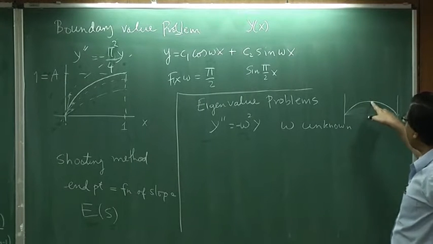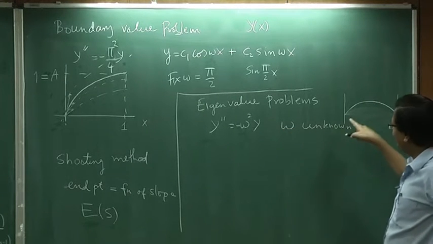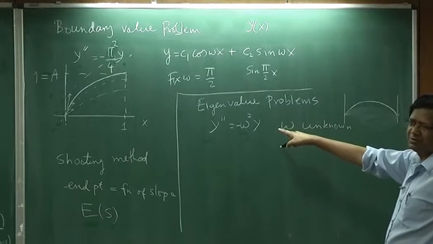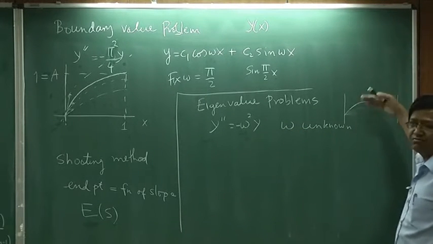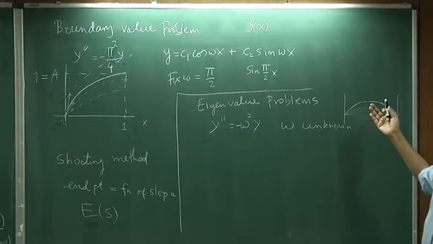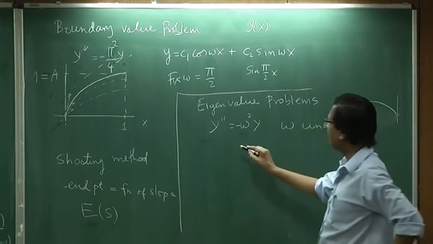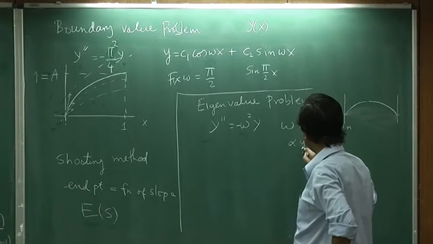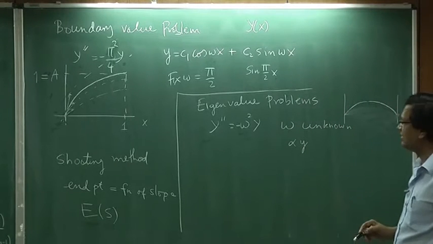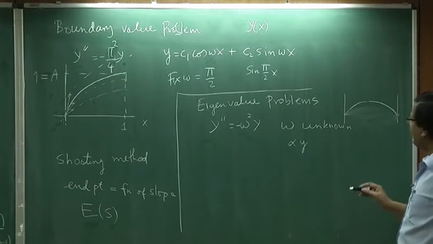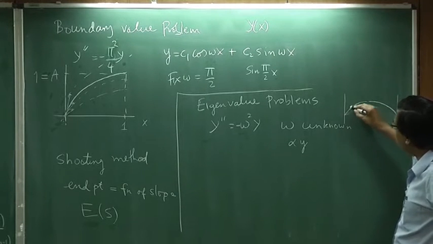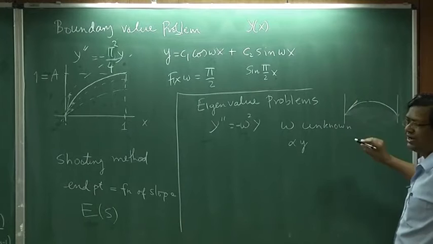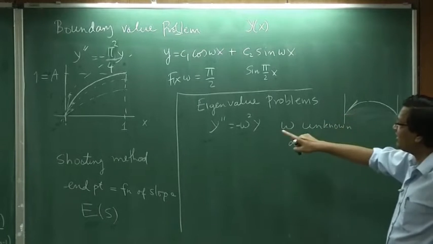Now in this equation, any amplitude is possible. If I multiply y by a factor, it does not matter. If y is a solution, alpha y is also a solution, correct. So amplitude can't be fixed, but I can do one thing: I can give you the slope as well at the left point. Look, here my unknown is omega.